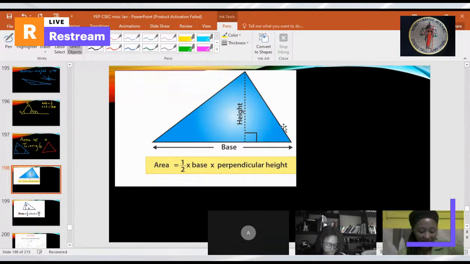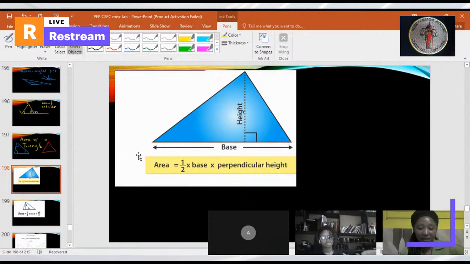A common mistake that persons make when they are calculating the area of the triangle is to use one of the oblique sides. No, you can't do that. That's not the height. This is not the height. This is not the height.